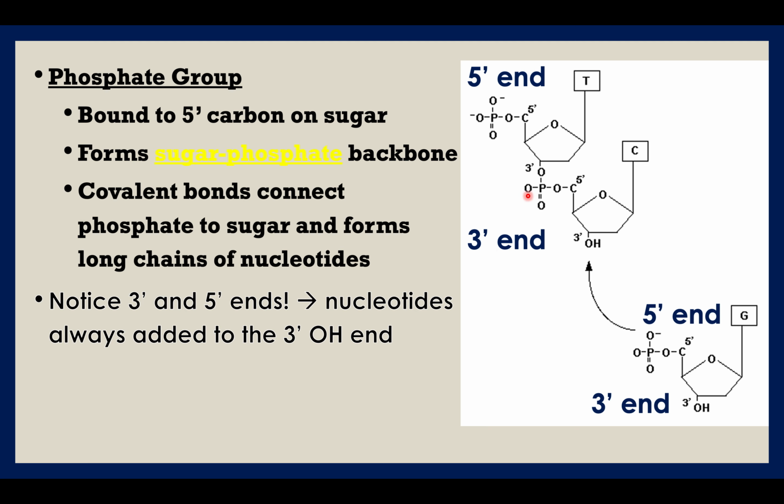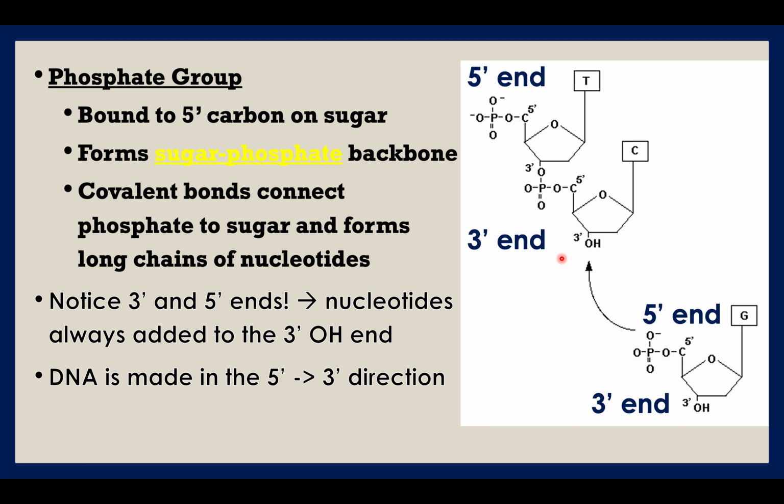Remember, a nucleotide is the collection of three things: a phosphate, a pentose sugar, and the nitrogenous base. Here, we're looking at how a new nucleotide is being added to an already existing strand of DNA. As you can see, the phosphate connected to the 5' end of this nucleotide is being added to the 3' end in the already existing DNA molecule.